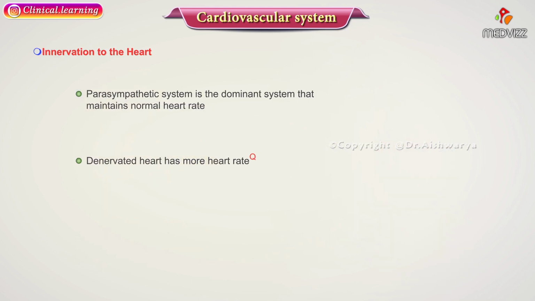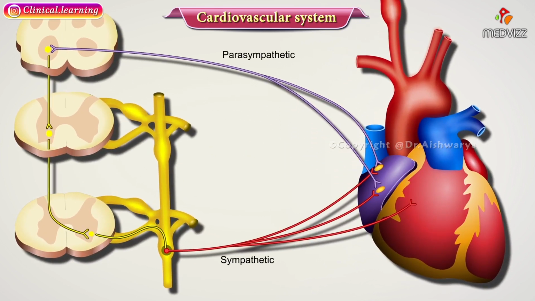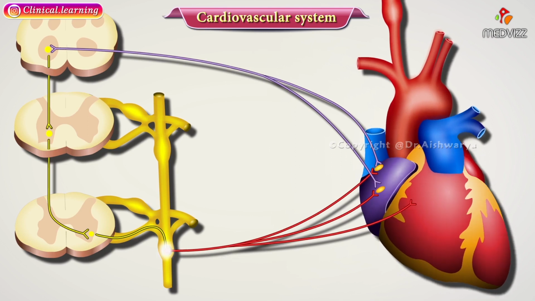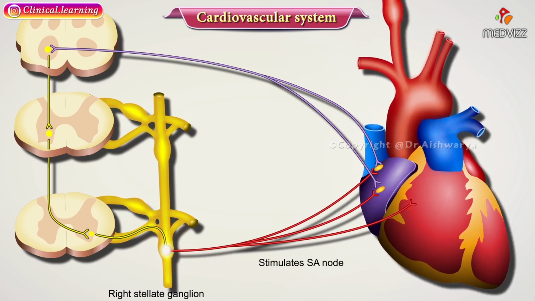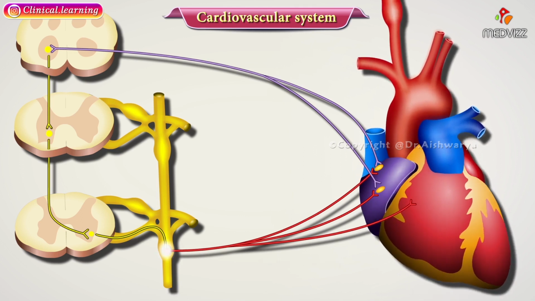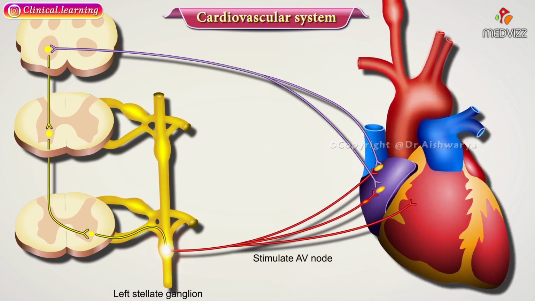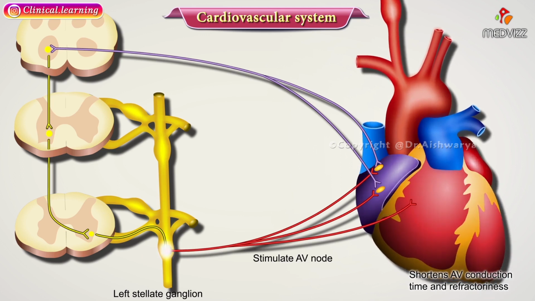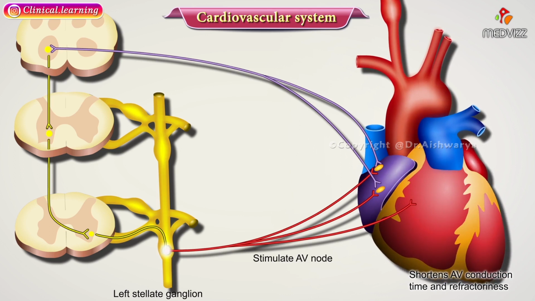Now let us talk about the effect of stimulation of the sympathetic as well as parasympathetic nervous system on the heart. Stimulation of the right stellate ganglion stimulates the SA node, which increases heart rate. In the same way, stimulation of the left stellate ganglion stimulates the AV node, which shortens AV conduction, meaning it decreases conduction time and refractoriness.